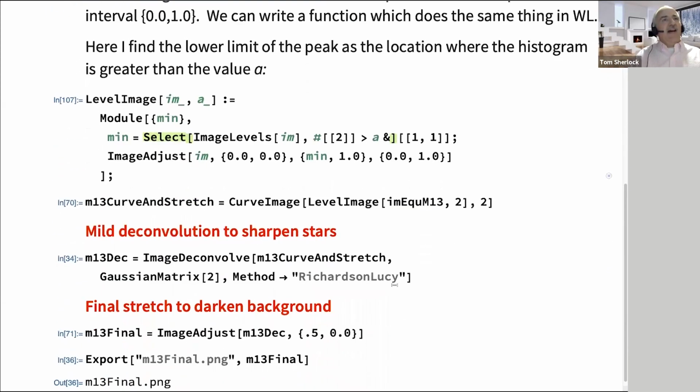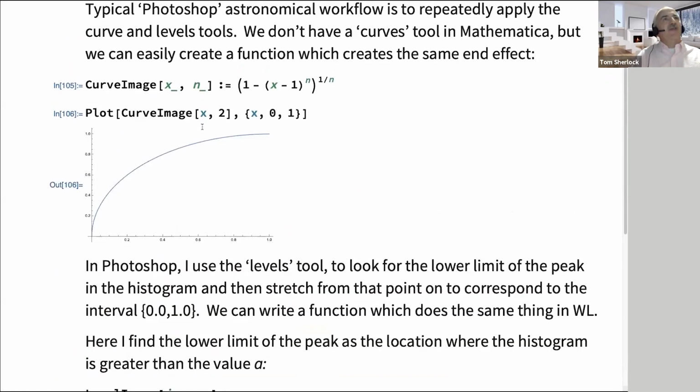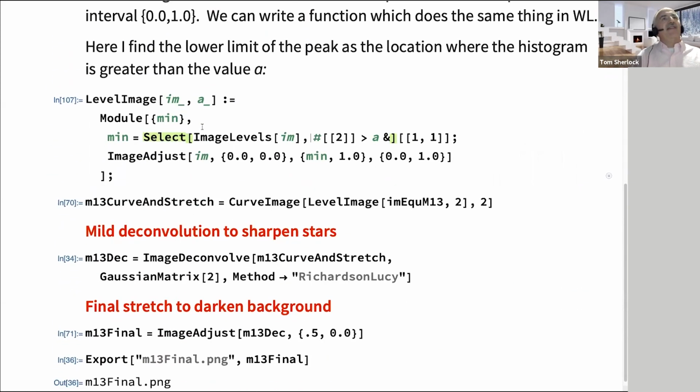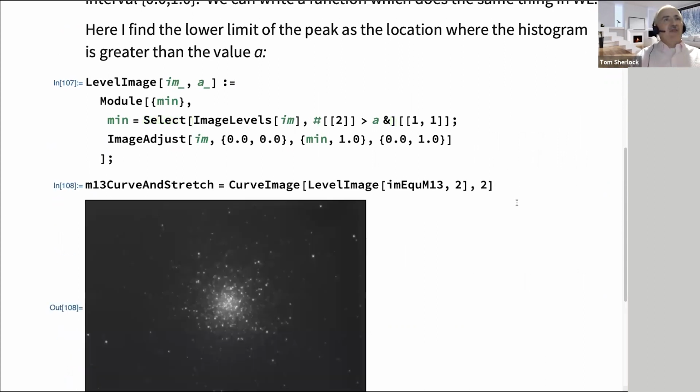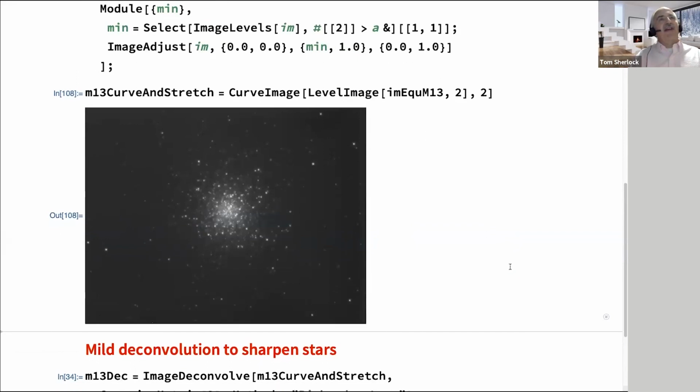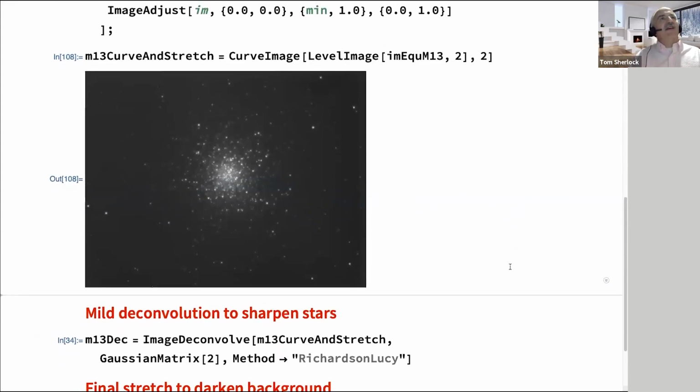So by combining the level image and the curve image routines, I can basically duplicate my Photoshop image processing cycle. So let me see what happens. Okay, so there, that brought out a lot more of the stars in M13.